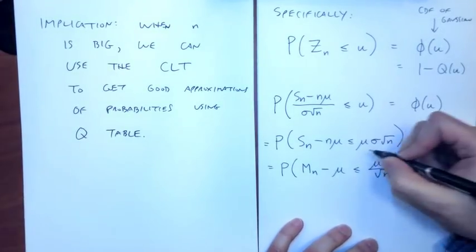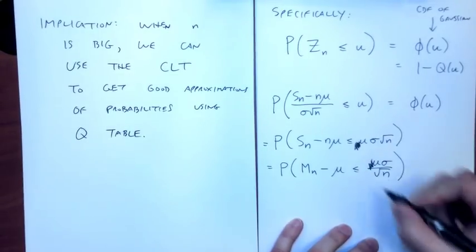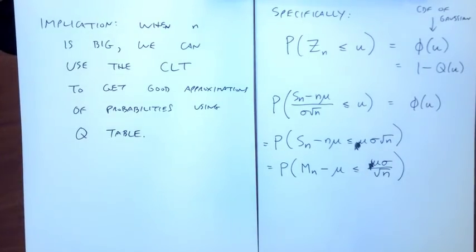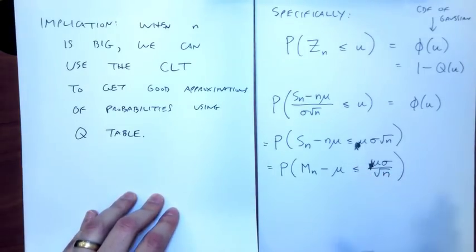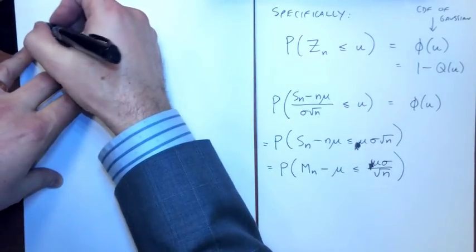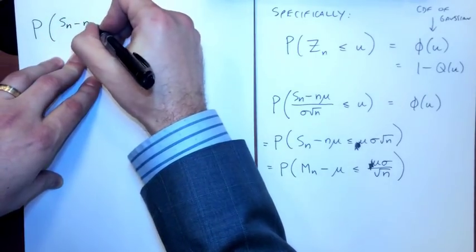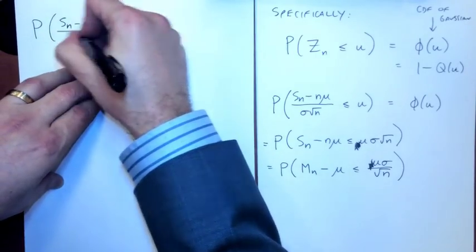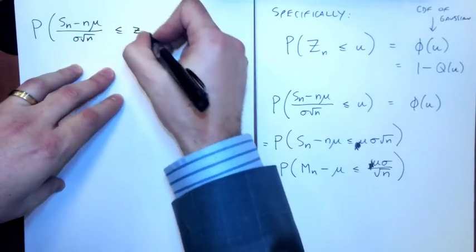Oh, no, sorry, not mu. Oh, this is bad. I guess this is why I wanted to do z in the first place. So I'm writing the same thing, but let me switch from u's to z's because I think the mu and the u are too confusing. So let's write this as z instead.